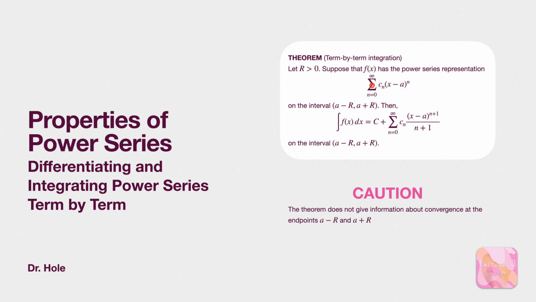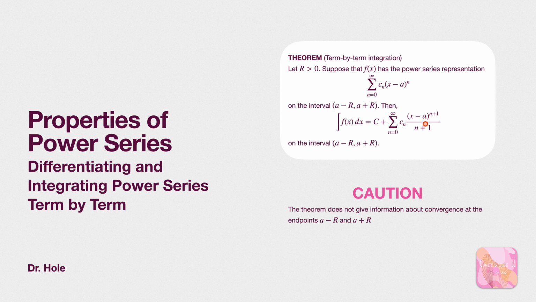Right. So what we get is that if this power series represents a nice function f, which has convergence on this interval of radius r about a, we can integrate that function f, and this is an indefinite integral, so we'll pick up a constant of integration. Think of antiderivatives.